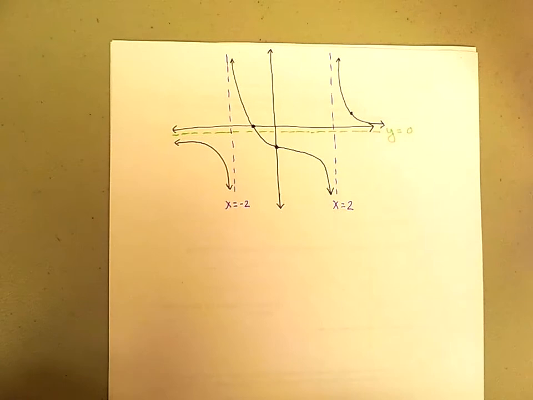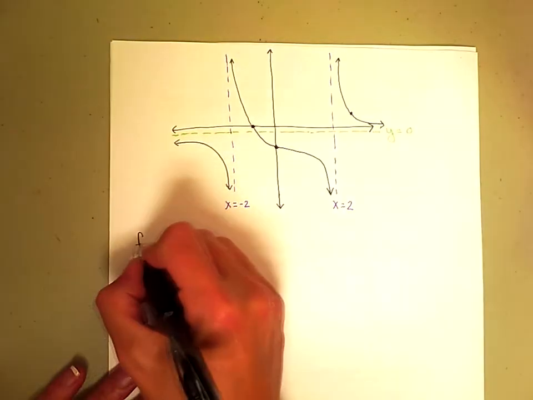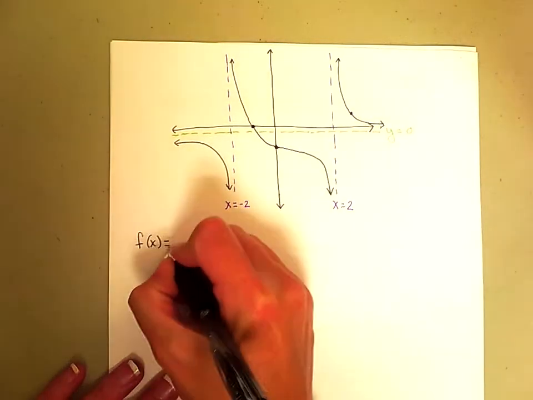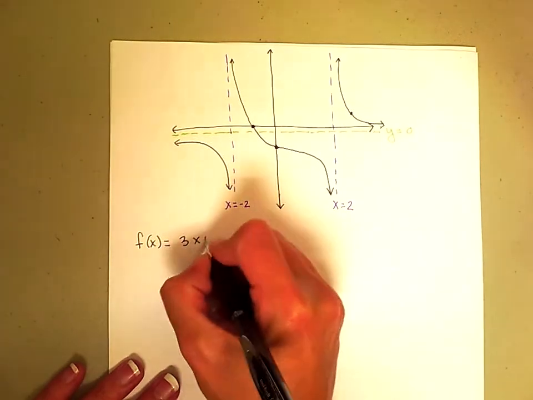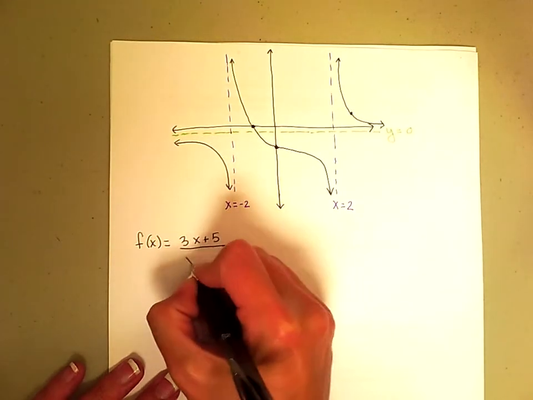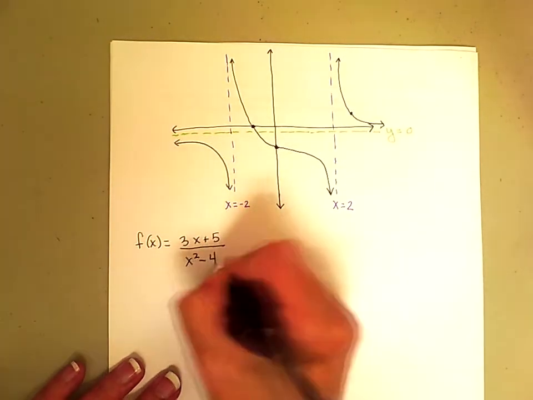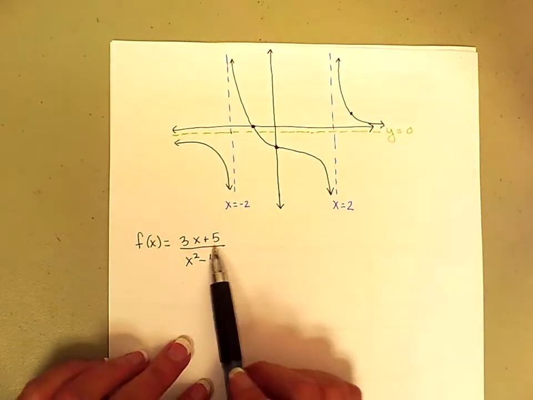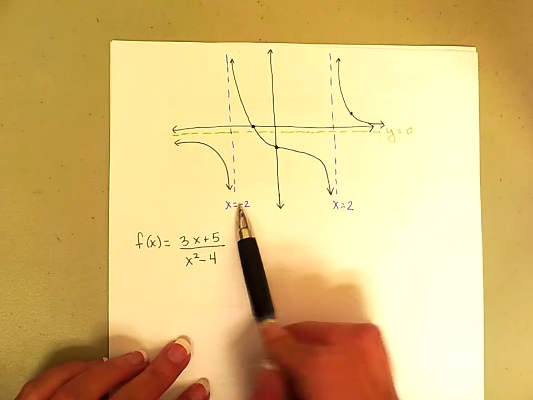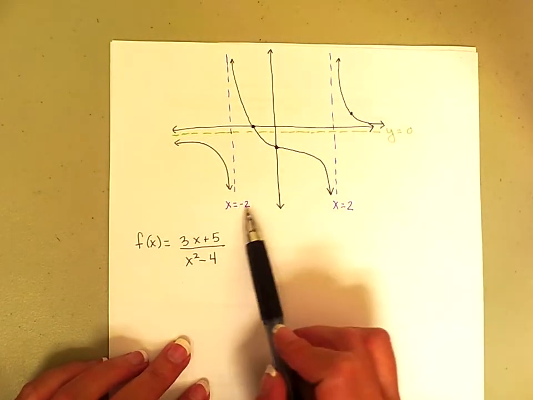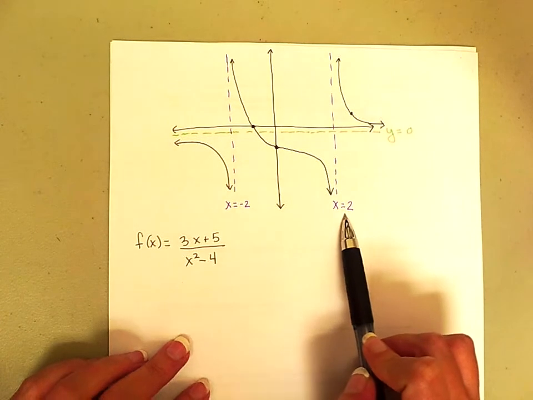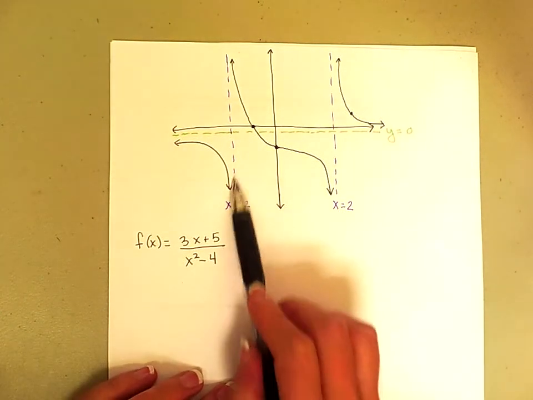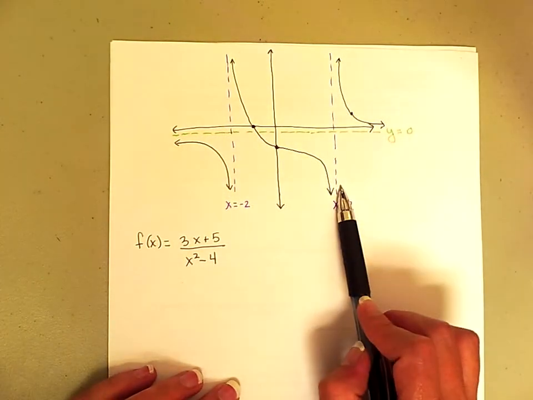Okay, so we're back, and this is the example that we had from last time, where f of x was equal to 3x plus 5 over x squared minus 4. The denominator told us that we had two restricted values, x equals negative 2 and x equals positive 2, and hence this is where the vertical asymptotes come.